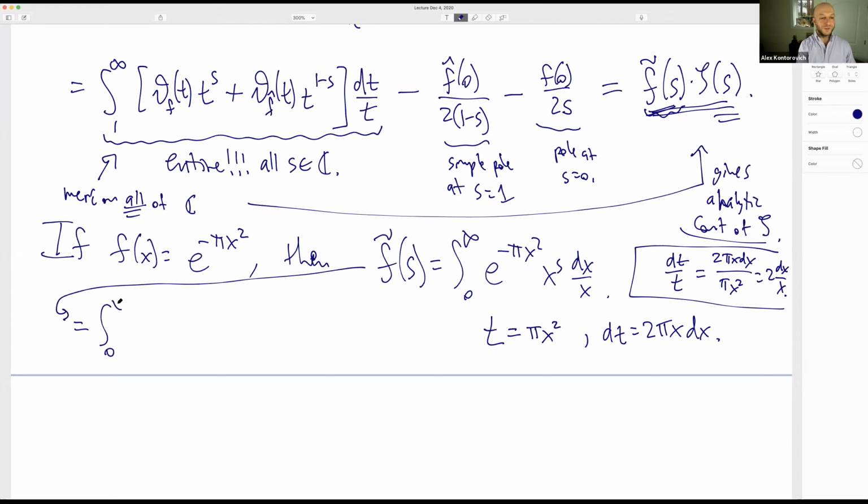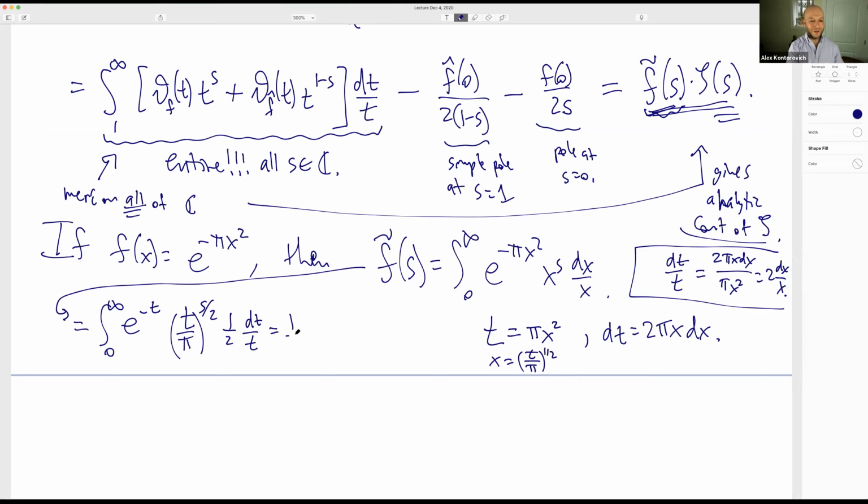So the integral is still from 0 to infinity. Now I have an e to the minus t, and x is t over pi, and then I have to take a square root. There's no problem with this square root; these are positive real numbers. So x is t over pi to the 1/2, to the s, and then dx over x is a half dt over t from this.